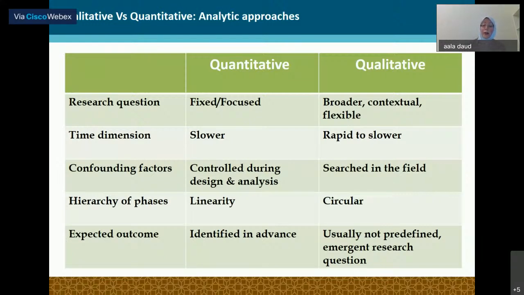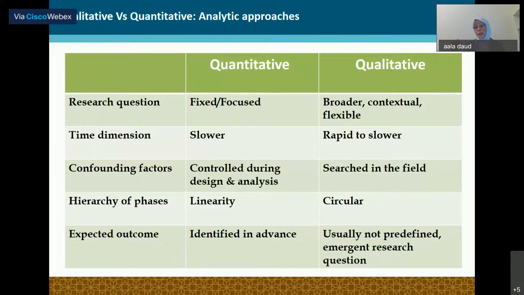The hierarchy of phases, for the quantitative, is linear. So remember, for the quantitative, for example, you have case-based studies at the base of your hierarchy of phases and going up towards the RCTs, or randomized controlled trials.